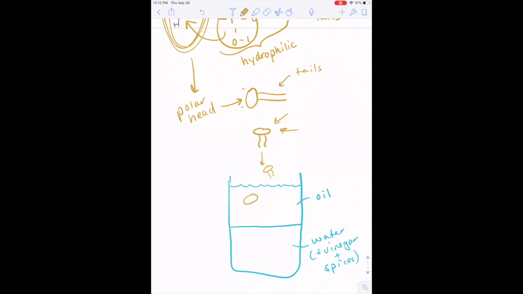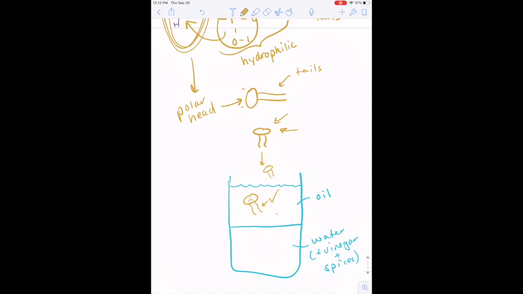If it's hanging out in the oil, the hydrophobic tails are like, oh man, we love this oil. We are hydrophobic, we hate water. There's no water up here, it's just nothing but oil, right? So they are happy. But the polar head is like, screw this, I am really bummed. I'm making a sad face because I'm a polar head.